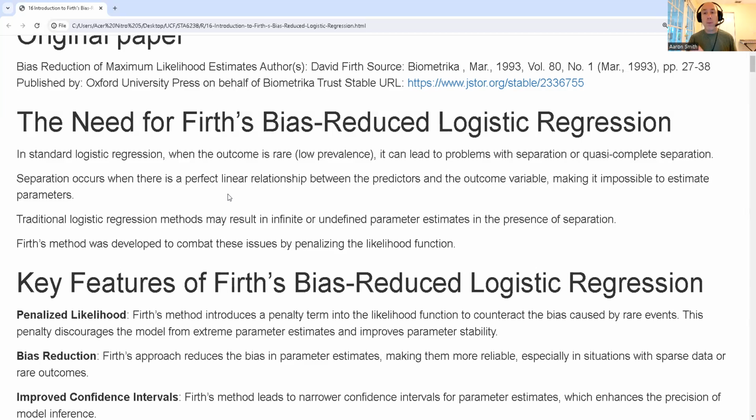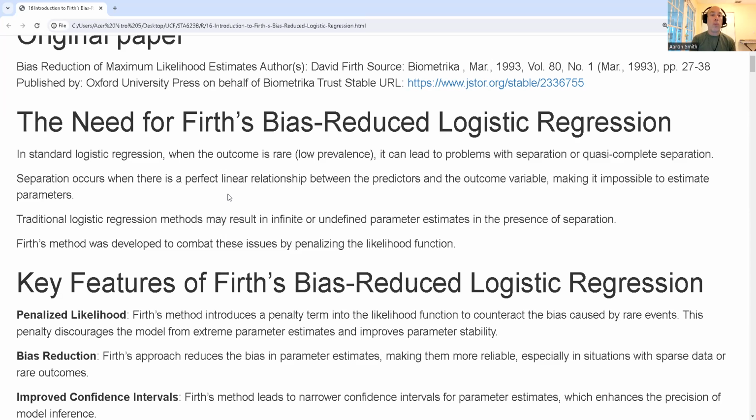Quasi-complete separation is where we can almost get it, really, really close. I don't have a hard, firm definition for you. As a mathematician, we always want a strict criteria, a strict definition, but we're going to say quasi-separation is where we nearly get a perfect separation, but not quite.